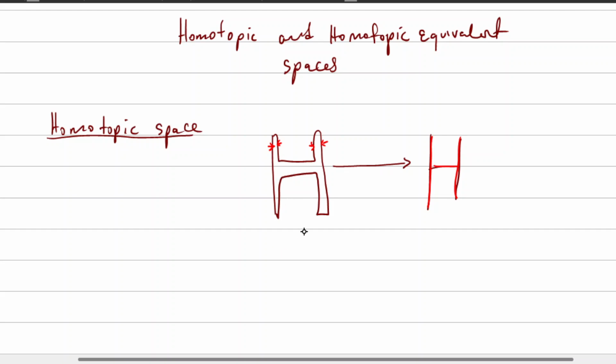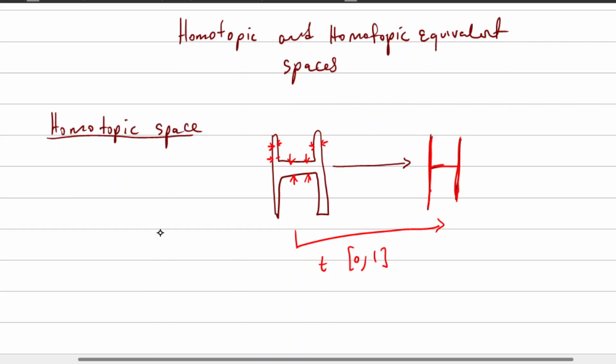We'll take the full time it takes to go from here to here as time 0 to time 1, included. So this is the time it takes for this H to turn into this H. If we are able to continuously collapse the points towards themselves and come up with a new space, then we say these two spaces are homotopic, and that's basically the idea.